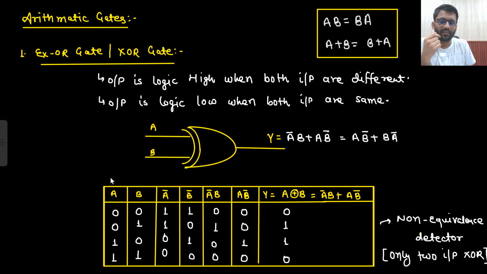So what did you understand? This was your AB, just look here, and this is your output. So A XOR B. 0 XOR 0 is equal to 0.